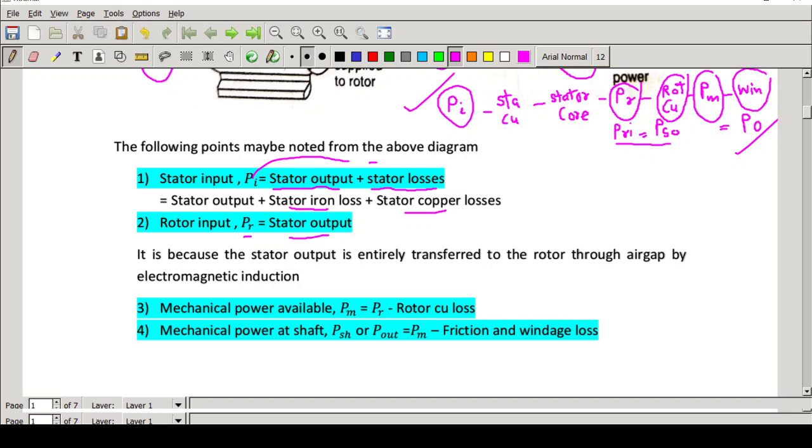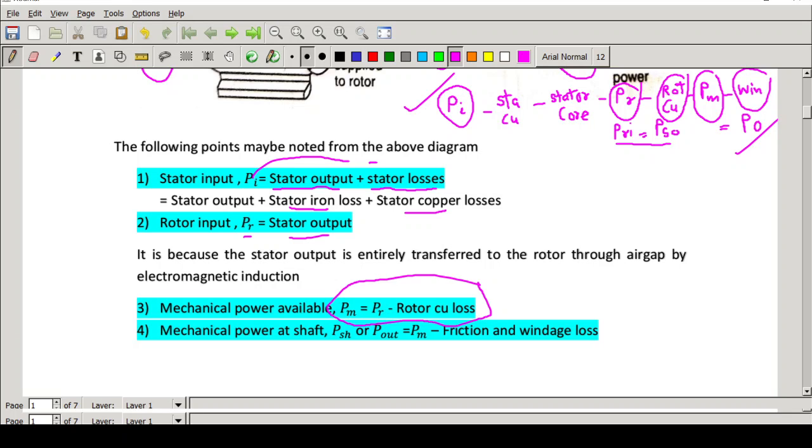Now, what will be the mechanical power PM? The mechanical power PM will be equal to PR minus rotor copper loss. That is indicated in the third point. In the case of a transformer, there is no conversion, only transfer: whatever power we give to the primary winding is transferred through induction.